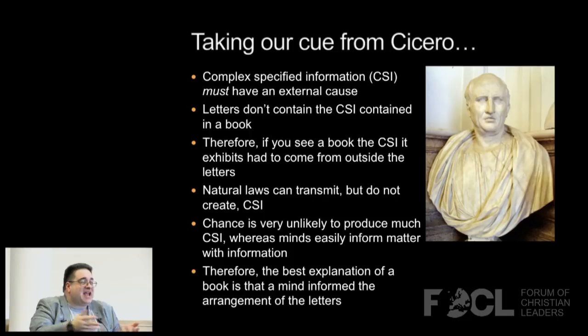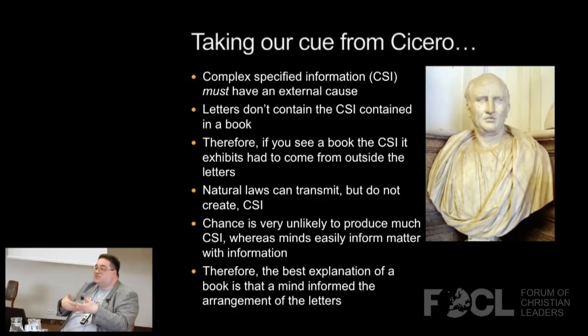You can't explain the information in a book by reference to the physical forces of the ink and the chemistry going on in ink on pages. So you've got to appeal to an outside cause. But natural laws, they can transmit information, but they don't create that information. Repeated laws don't create information.